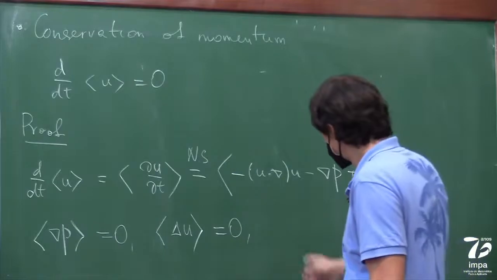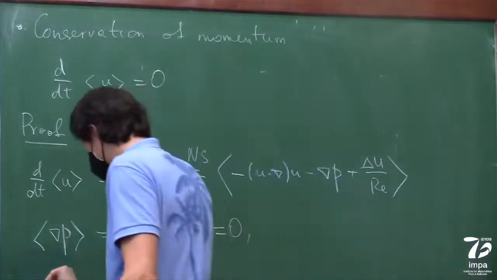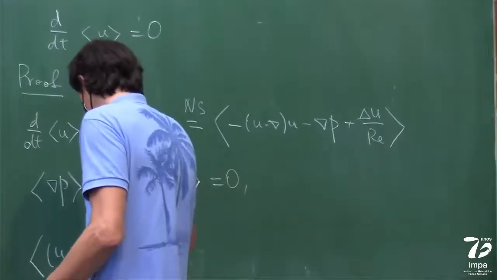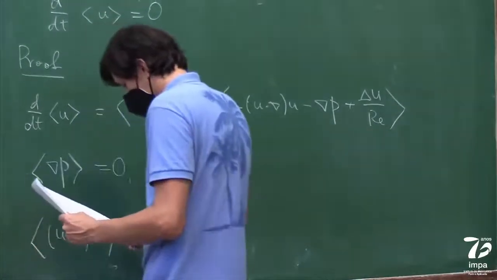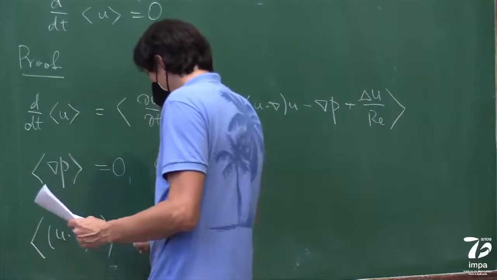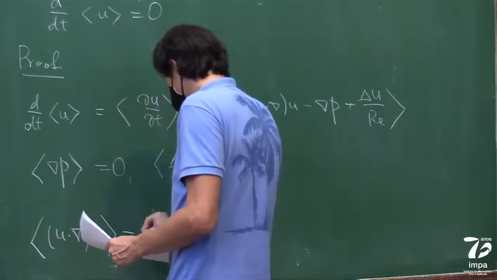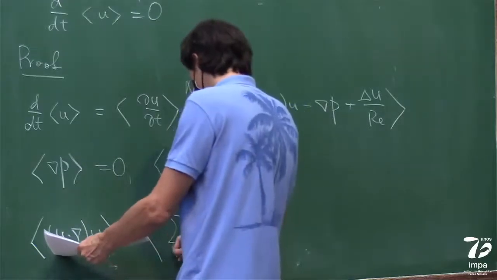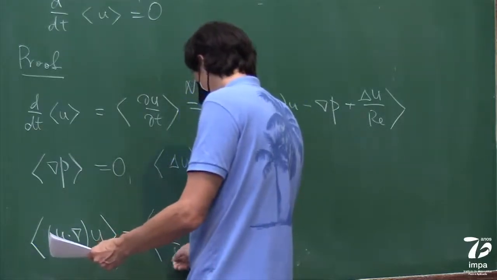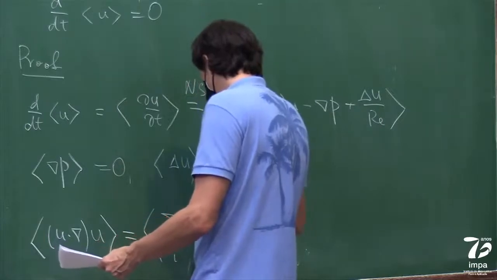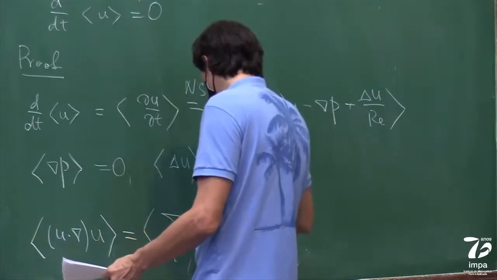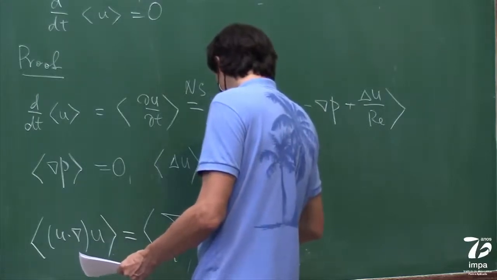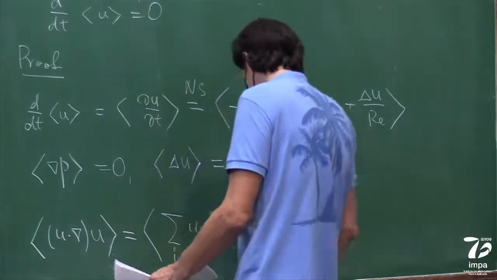And finally, the convection term: you open up the expression. It's a sum over components, so it will be ui d u / dxi, right?